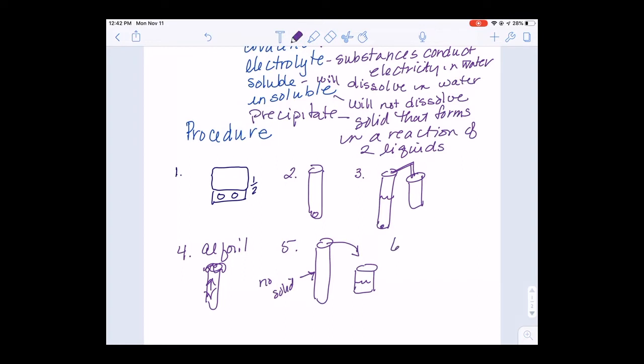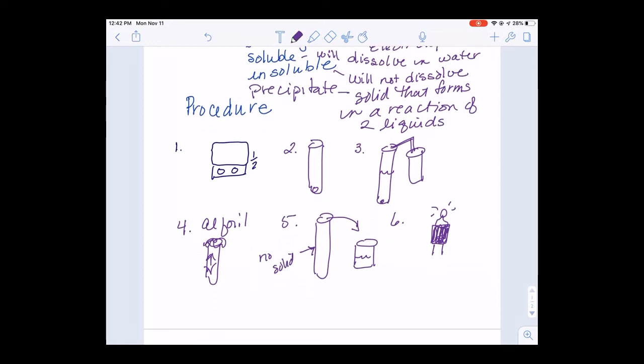Step 6, we have a conductivity meter. A conductivity meter, these are really high-tech things, let me tell you, has two wires coming out the bottom, and it has some kind of a light on it that will light up if electricity can go through, and it has a battery.